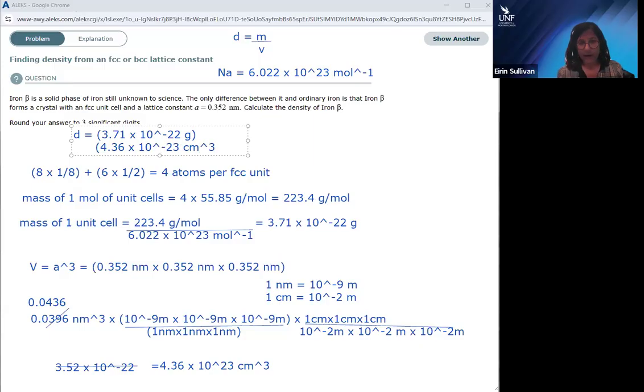Okay, so my unit should come out in grams per centimeter cubed. And I got to 3 sig figs 8.509 17 blah blah blah grams per centimeter cubed. So to 3 sig figs, that's going to be 8.51. Okay, so that is how I would do that one.